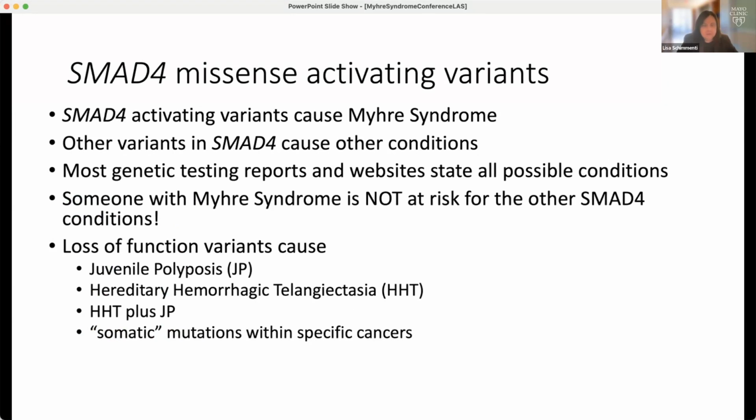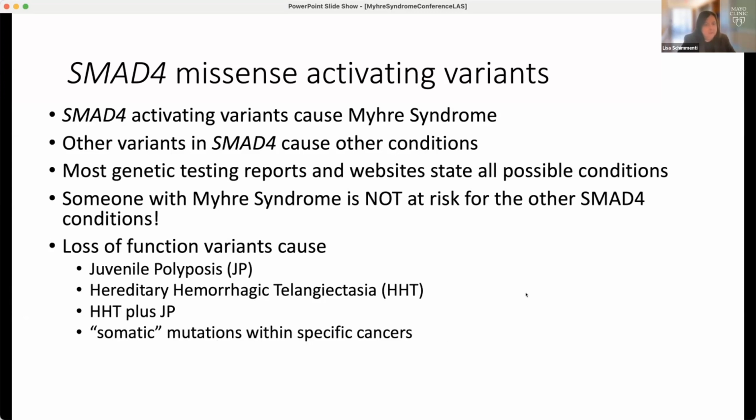The other thing that's really important, because when you got your report and you Googled SMAD4, you may have seen these other conditions, like juvenile polyposis, or hereditary hemorrhagic telangiectasia, or hereditary hemorrhagic telangiectasia plus juvenile polyposis, or even what they call somatic mutations within specific cancers.